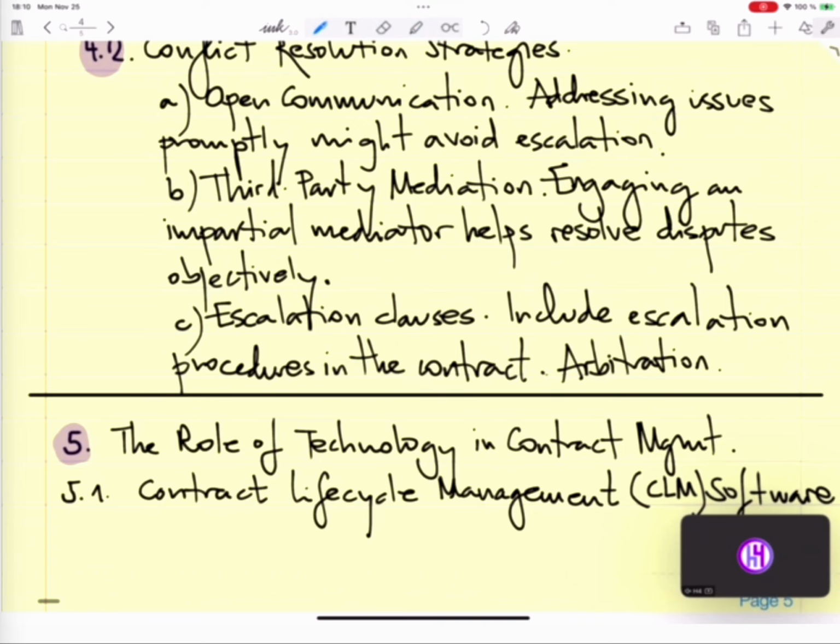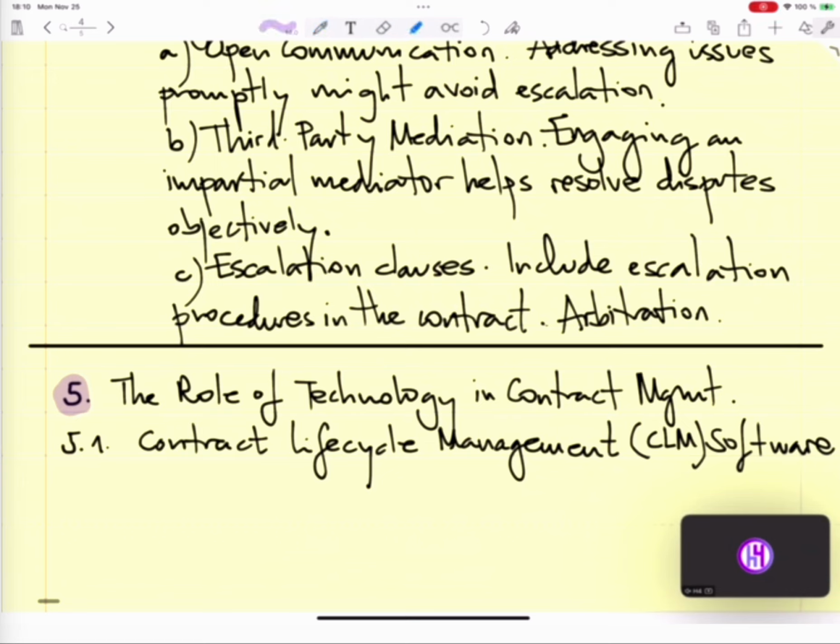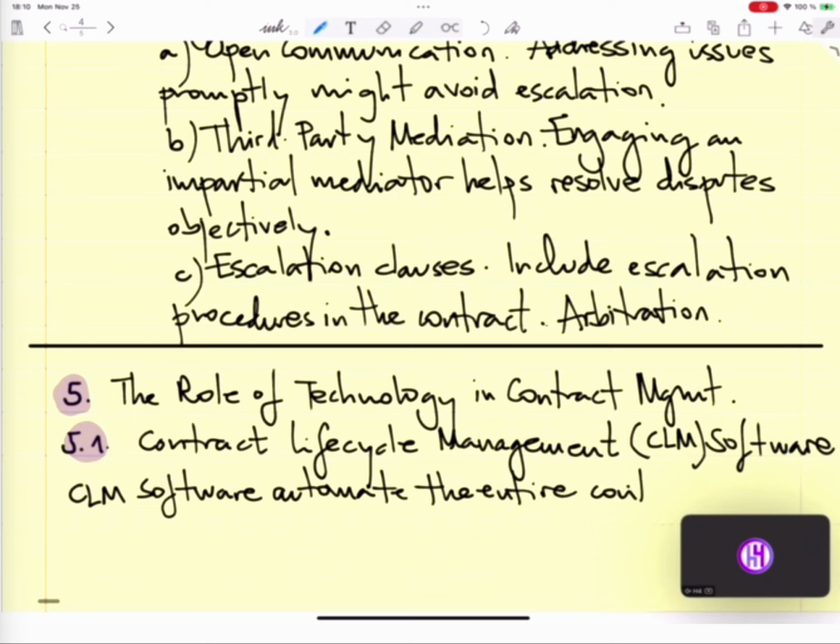Okay, so these tools automate the entire contract life cycle from drafting to renewal.